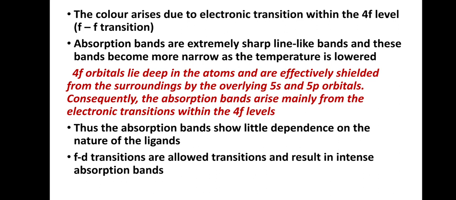So we can say overall that both types of transitions are possible with reference to lanthanide ions, f-f transitions as well as f-d transitions. However, f-f transitions have low intensity because they are not allowed transitions, and f-d transitions show intense absorption bands because these are allowed transitions.